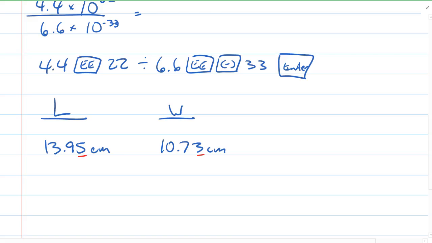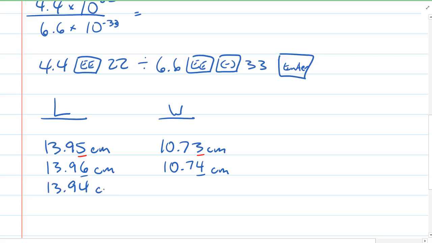If I were to repeat this, maybe the next time I'd come up with 13.96 or 13.94, and maybe this time I come up with 10.74 or maybe 10.72. The point is that this last digit is going to be uncertain. So I could measure it a few times and maybe come up with something like this as a set of results.